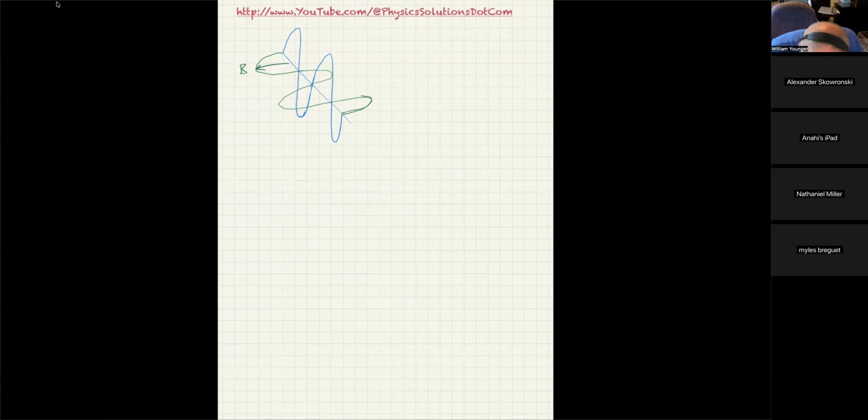This is the magnetic field, and these blue lines are the electric field. The plane that the blue electric field is in is called the polarization plane.